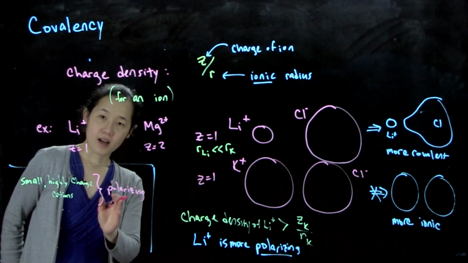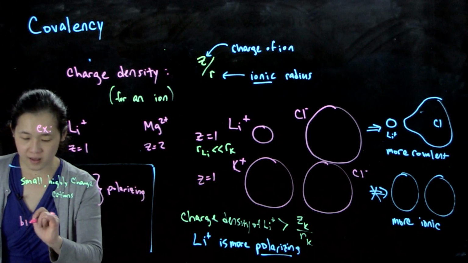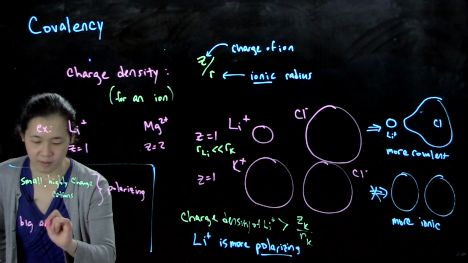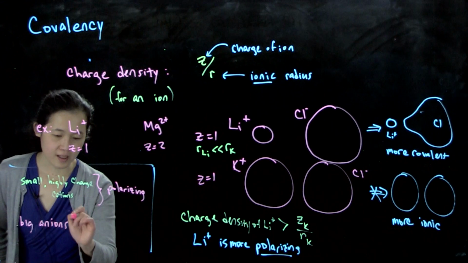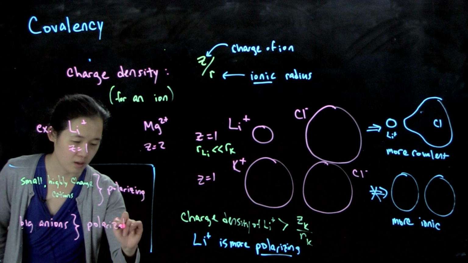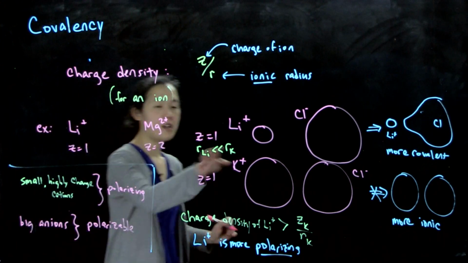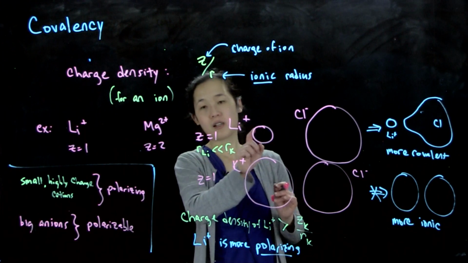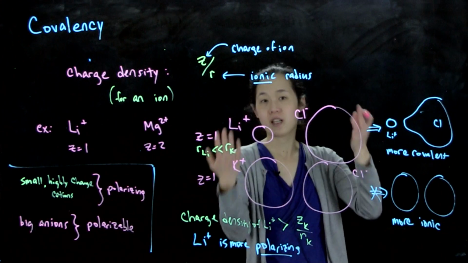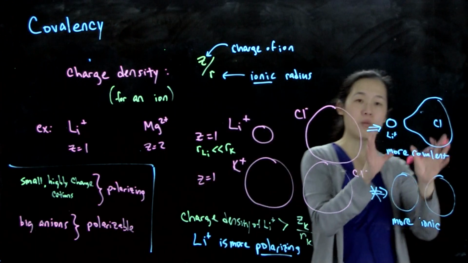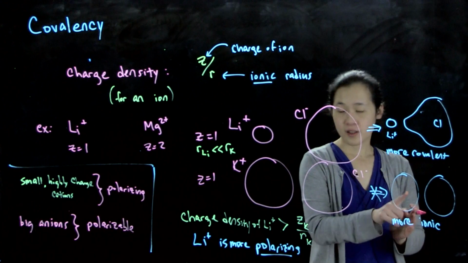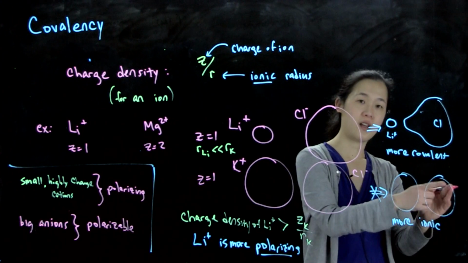And when they interact with big, low-charged anions, let's say big fluffy anions, these are called polarizable. So when you have a small, highly charged polarizing cation interacting with a polarizable big anion like chloride or even more iodide, then we can form a more covalent bond than if we have lower charge density on the potassium and the chloride.